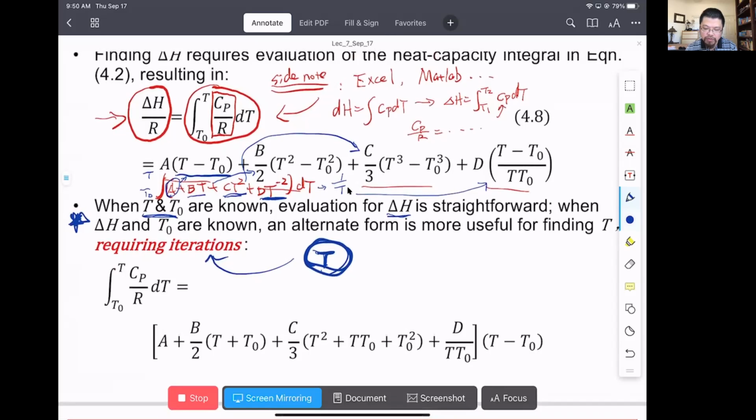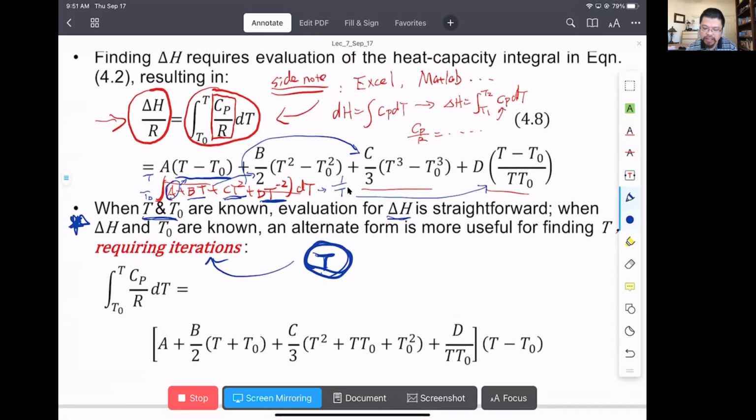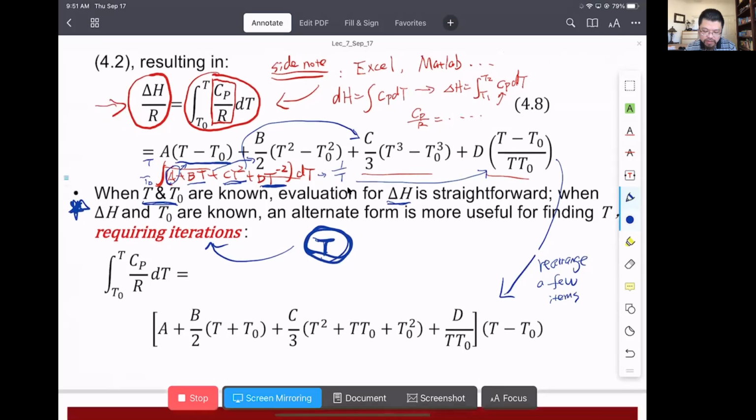Okay, and sometimes we also rewrite the term slightly. So this equation over there was simply a reorganization of this equation. We rearrange a few terms so that we can have the equation shown over there. What's the meaning of this equation?